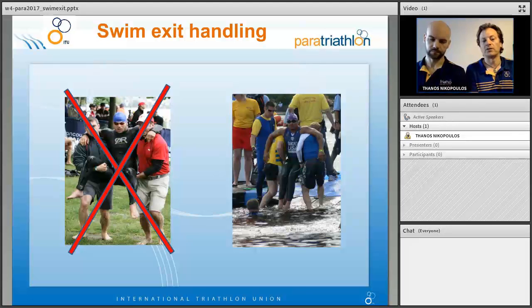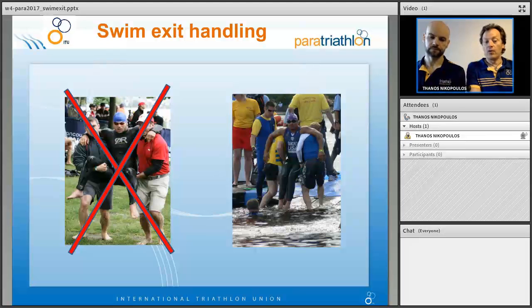Again, how you position and manage the swim exit handlers in the exit area matters: how they are lined up to assist the athletes that are coming, and who is going to help you spot the athletes and read and call out the number in order to facilitate their access to the daily chair. Then obviously the ones with the yellow cap need a different kind of operation, with assistance for bracing or potential disorientation of some athletes.